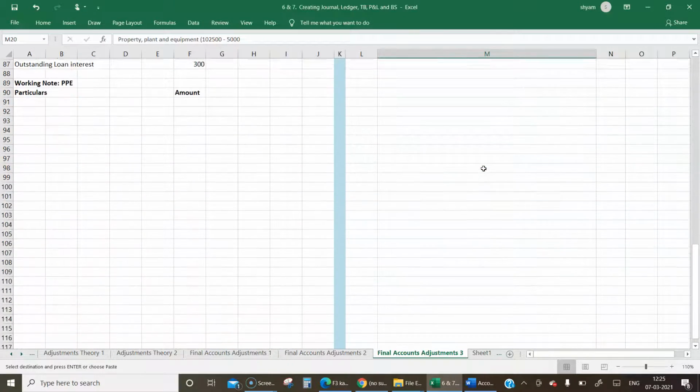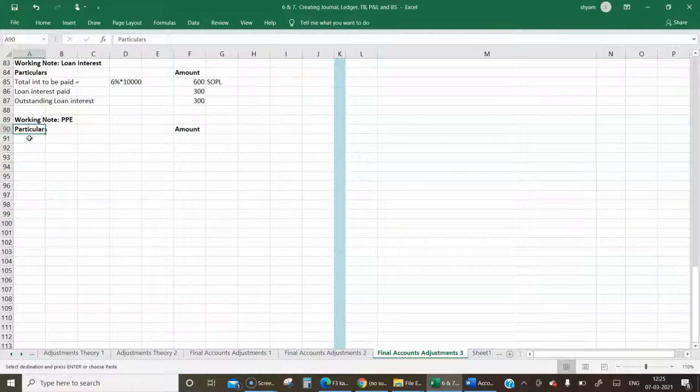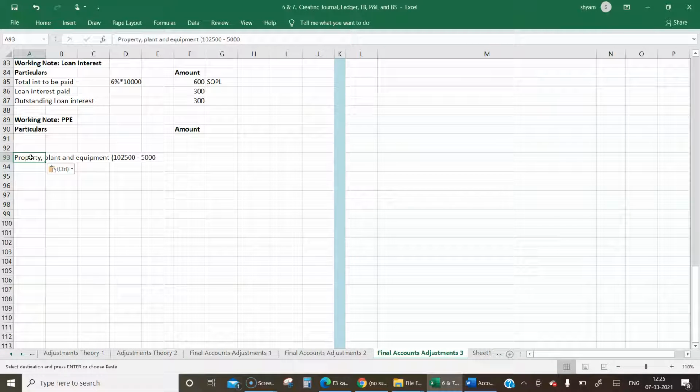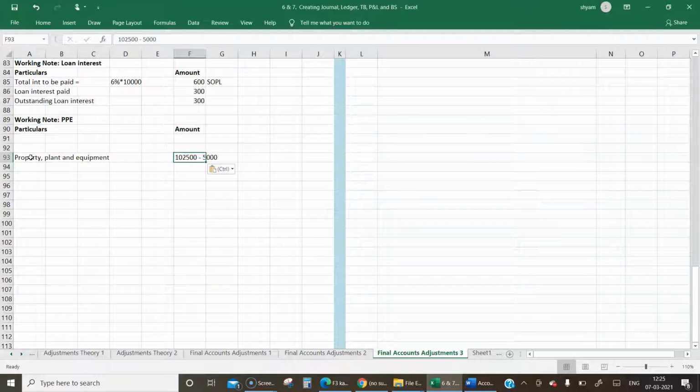So we'll take that number, and from there we deducted 5,000 as depreciation. Now we have sold an asset, a sale of an asset.